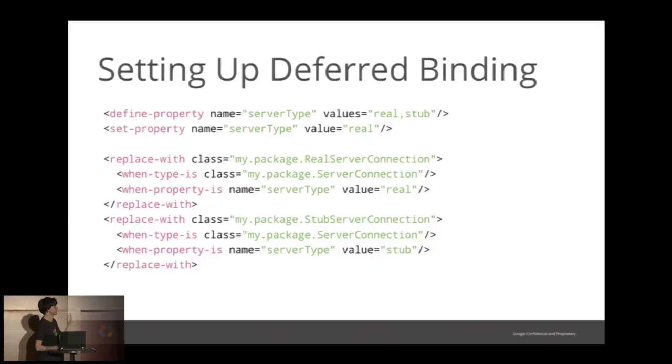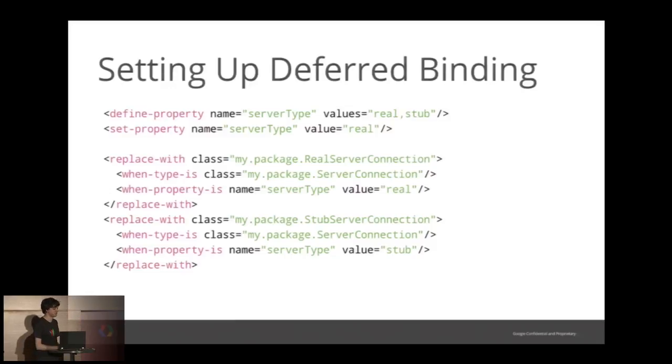I'm going to set it to real by default, and then I have these couple of rules here that say, okay, when the server type is set to real, then I want to replace every instance of server connection with the real server connection. And now below, when it's set to stub, I want to replace every instance of server connection with stub server connection.